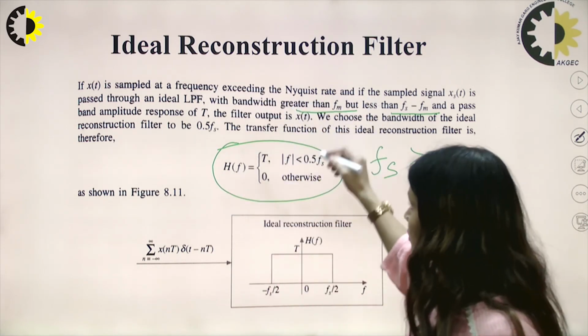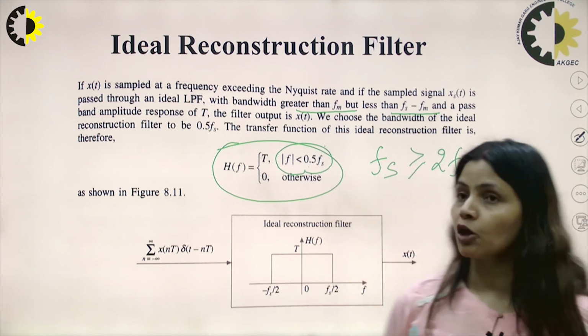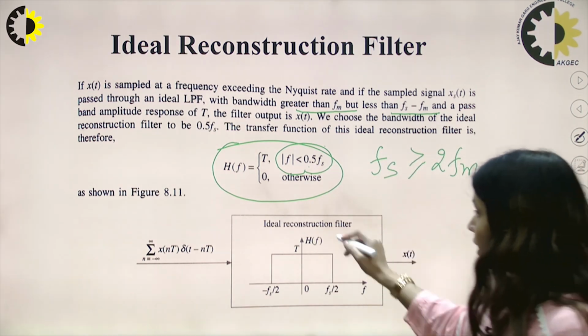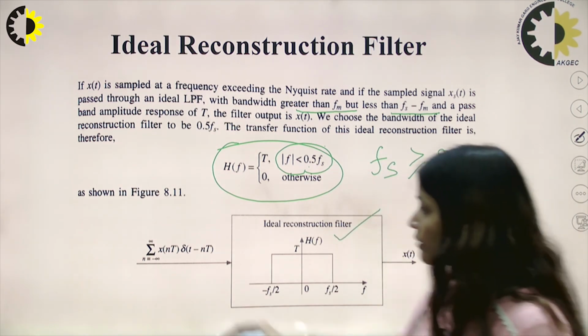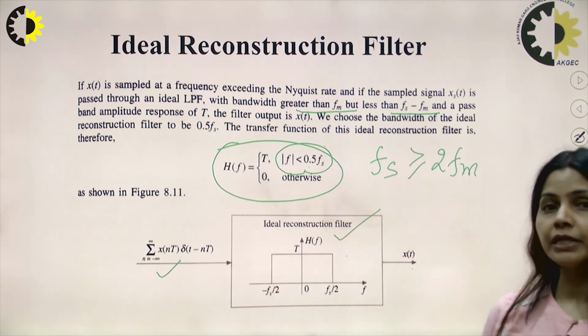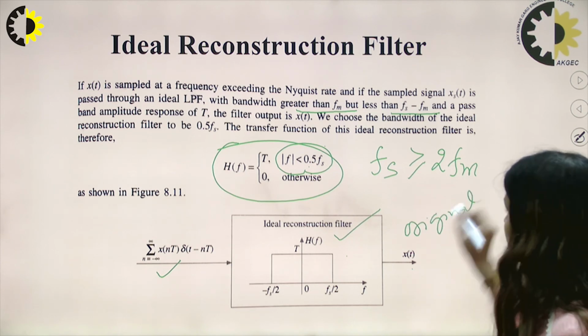So this criterion is fulfilled by the condition that mod of f should be less than Fs by 2, and hence I can design my ideal reconstruction filter. I will pass my sampled signal to my reconstruction filter and then I can obtain my original x of t back, right?